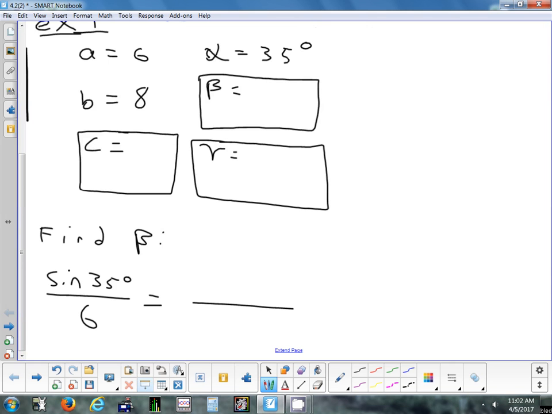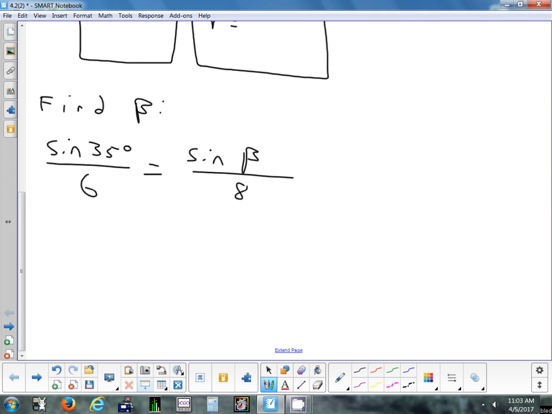Sine 35 over 6. And then on the other side, we have to use row 2. If you use row 3, you'd have two letters, and I said you can only have one letter in the whole problem. So we got to use row 2. Yeah, sine of beta over 8.